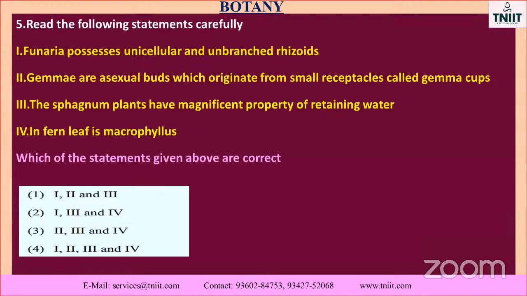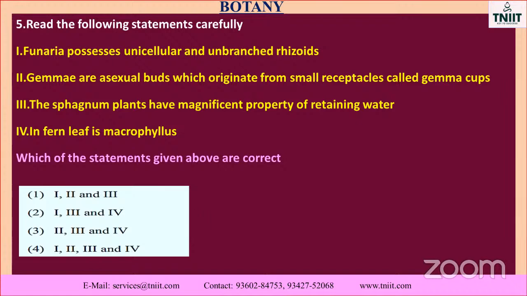Read the following statements carefully. Funaria possesses unicellular and also unbranched rhizoids. Gemma are asexual buds which originate from a small receptacle called the gemma cup. Yes, it is correct. The sphagnum plant has a magnificent property of retaining water.